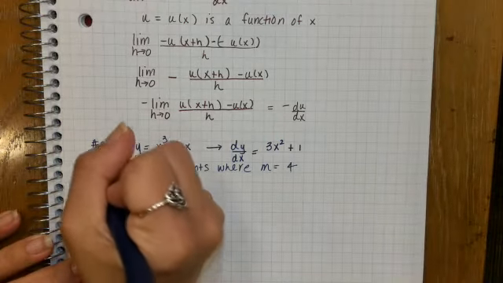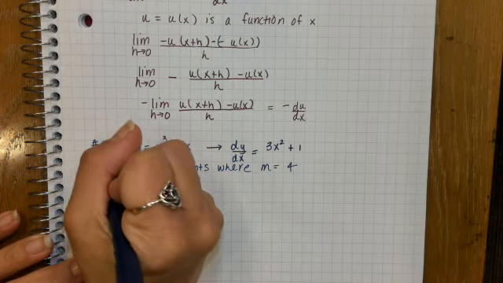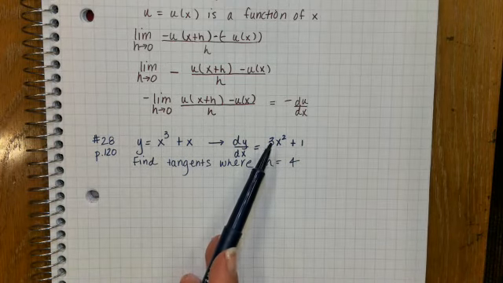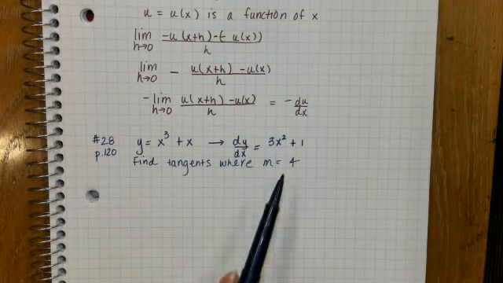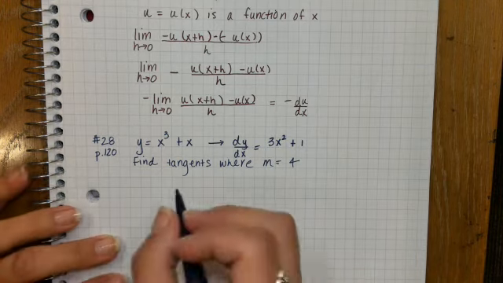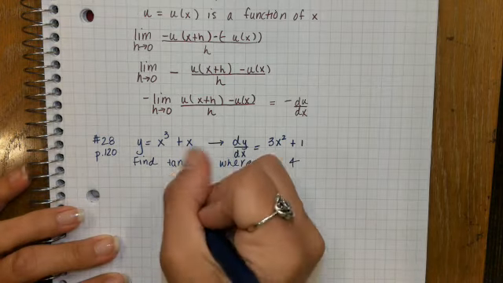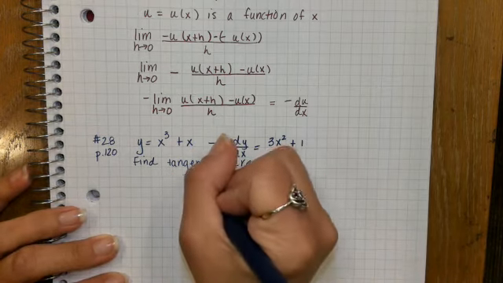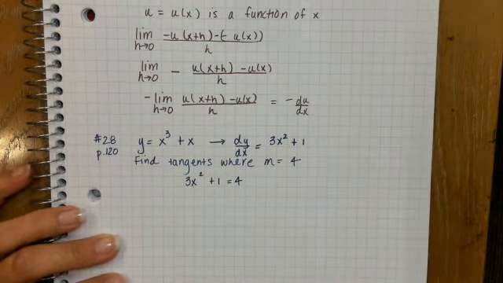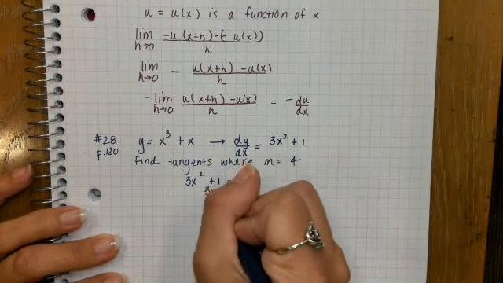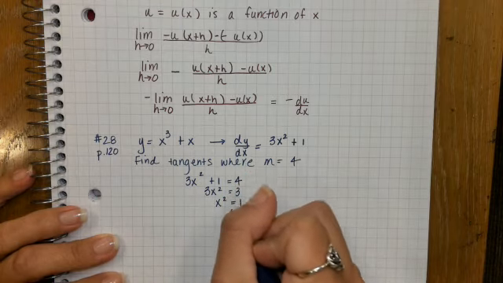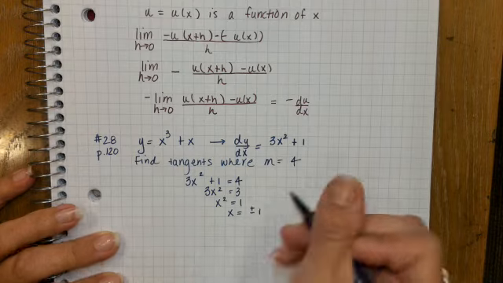I should have told you earlier. This is number 28 on page 120. This is the equation. That's the derivative using the power rule. I want to know where the tangents are. Well, how about we take the slope of our tangent, which is 3x squared plus 1 equals 4. Okay, so 3x squared is 3, x squared is 1, x equals plus or minus 1.